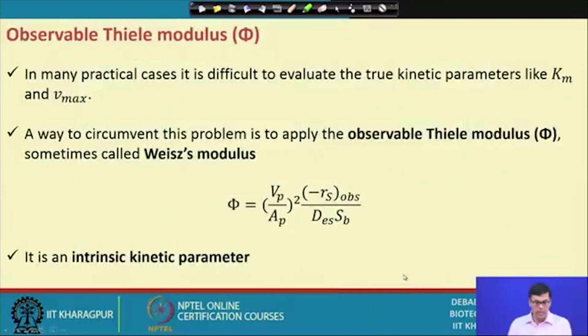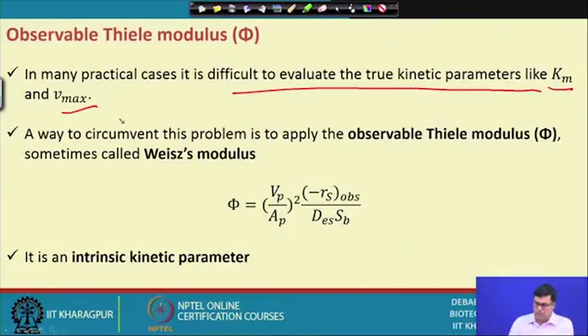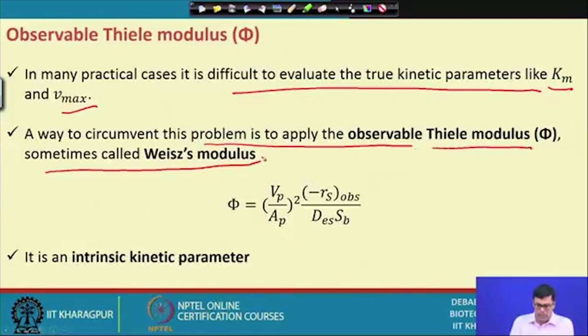Now finally, in many practical cases it is difficult to evaluate the kinetic parameters Km and Vmax, which are the Michaelis Menten constant and maximum velocity of reaction. So a way to circumvent that problem is to apply the observable Thiele modulus, sometimes called the Weisz modulus.